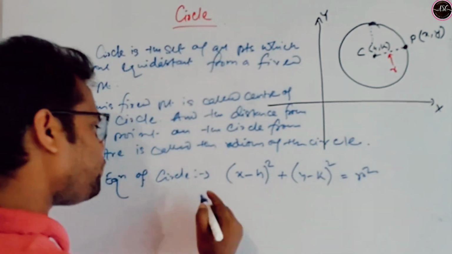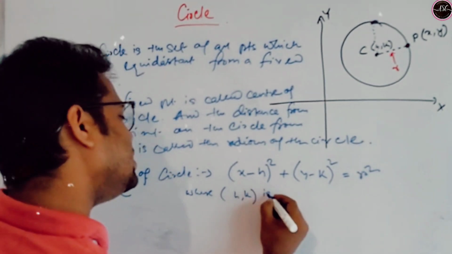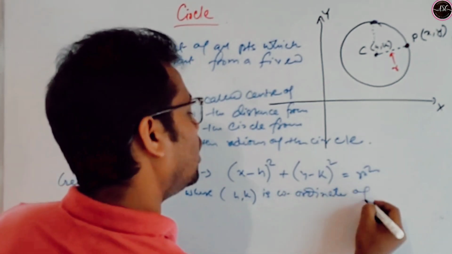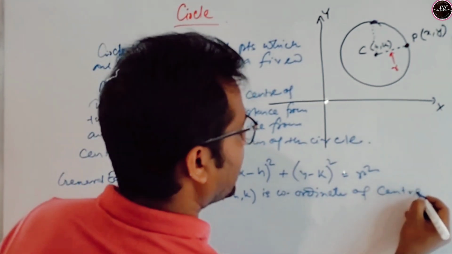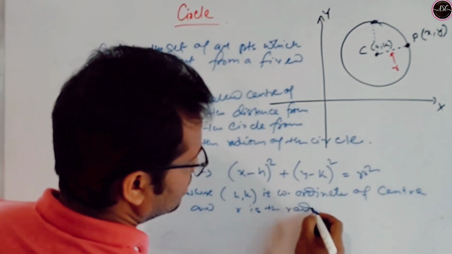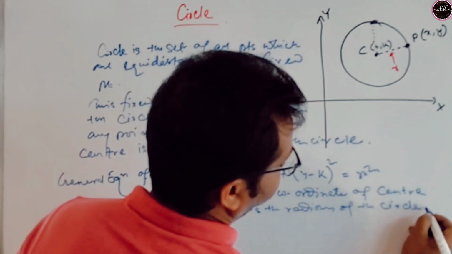So here, where h, k is the coordinate of center, okay, and r is the radius of the circle, okay.